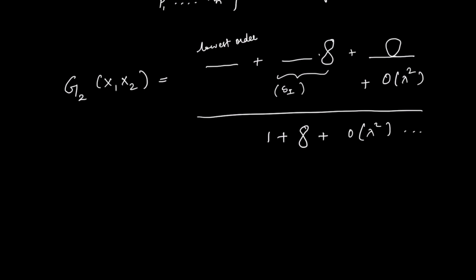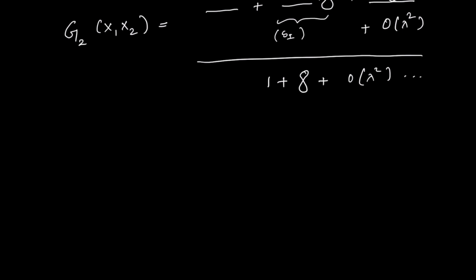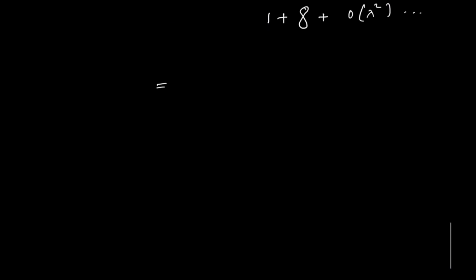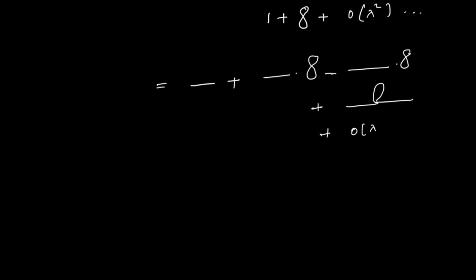Then you get this diagram. Now I do the binomial expansion of the denominator, and then I'll get the lowest order plus the straight propagator times the vacuum bubble minus the straight propagator times the vacuum bubble plus other higher order perturbation.